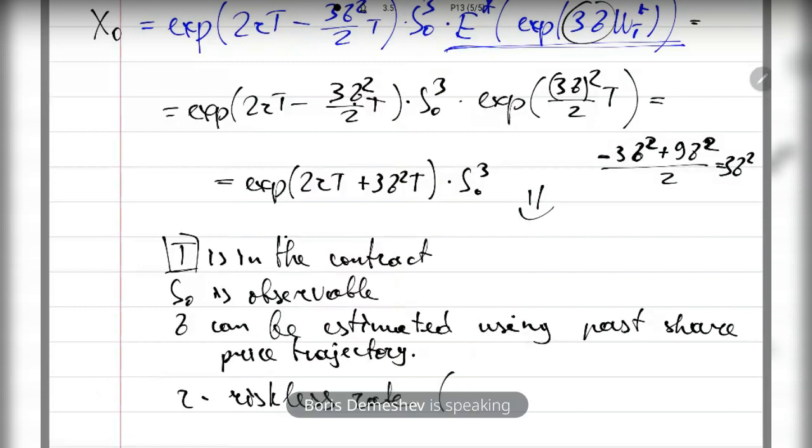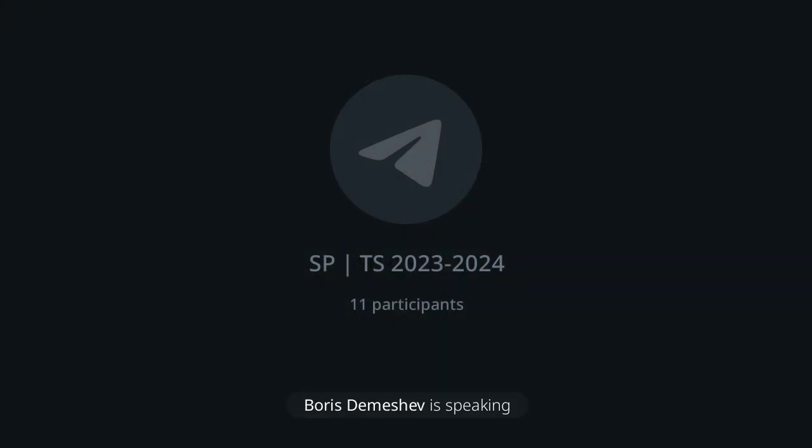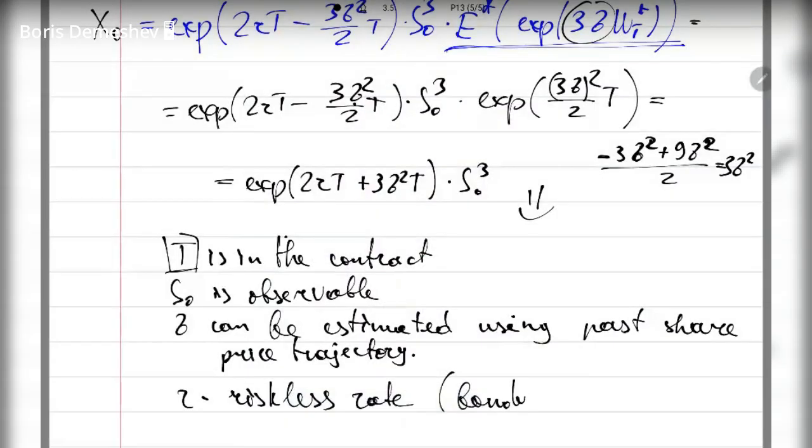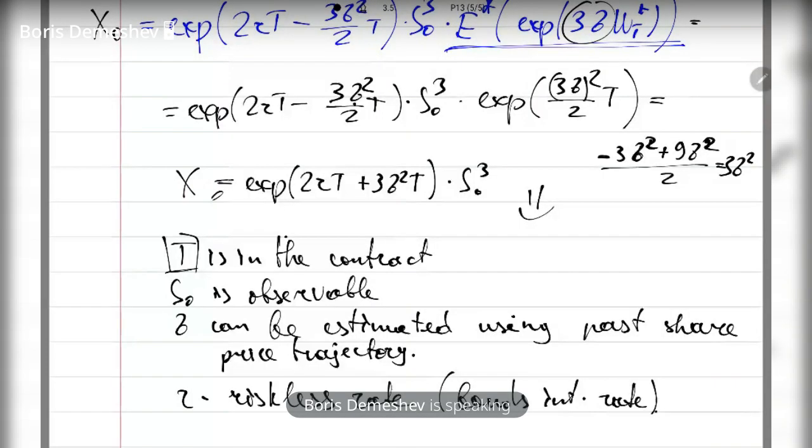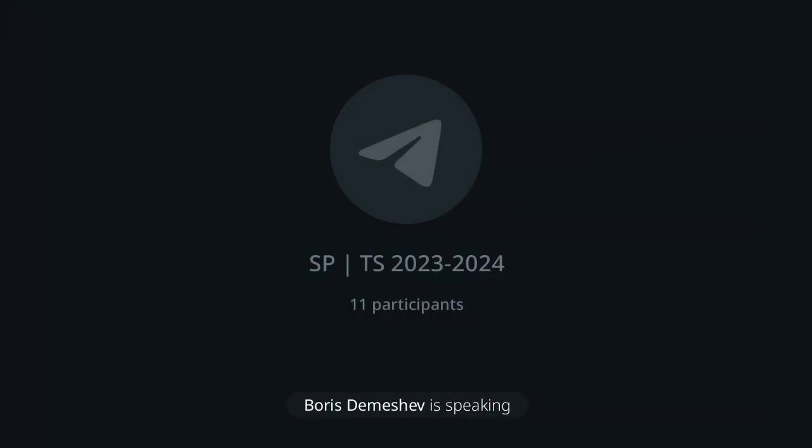Usually we use government bonds interest rate. Okay, so we have the price of an asset, and in this manner we can price everything we wish. Okay, the idea is clear. We just calculate expected value.